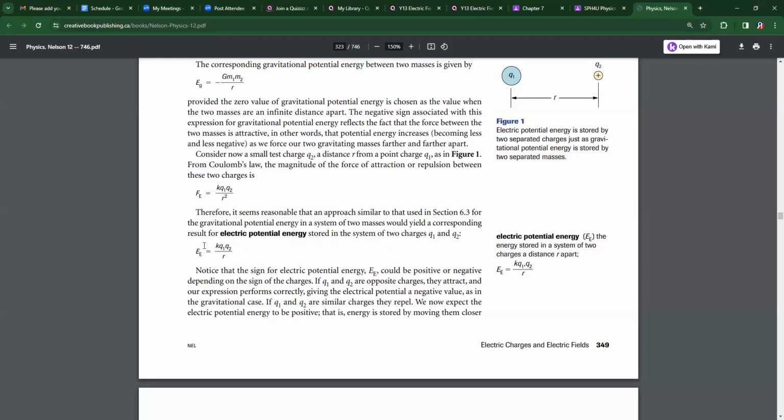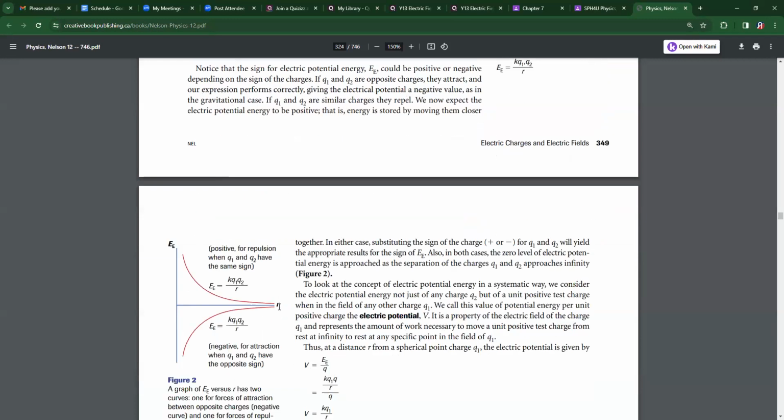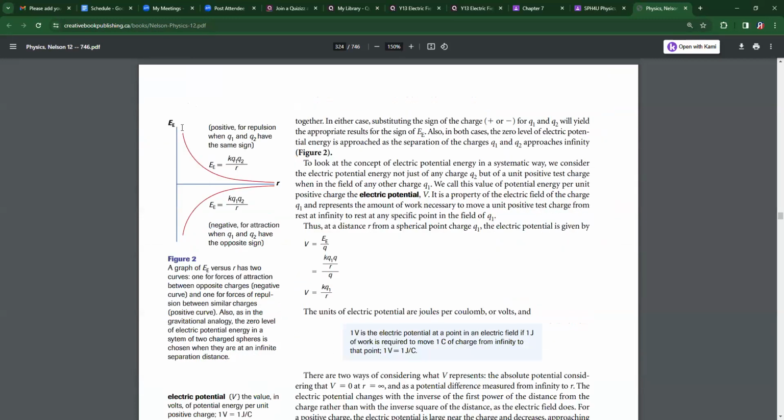So potential energy is the product of two charges divided by distance, not squared anymore, multiplied by a proportionality coefficient that is very big, 9 multiplied by 10 to the power 9. As the distance increases, the potential energy decreases.